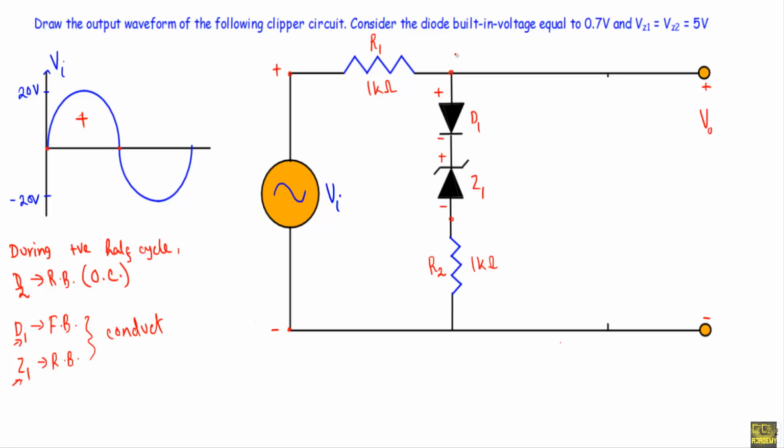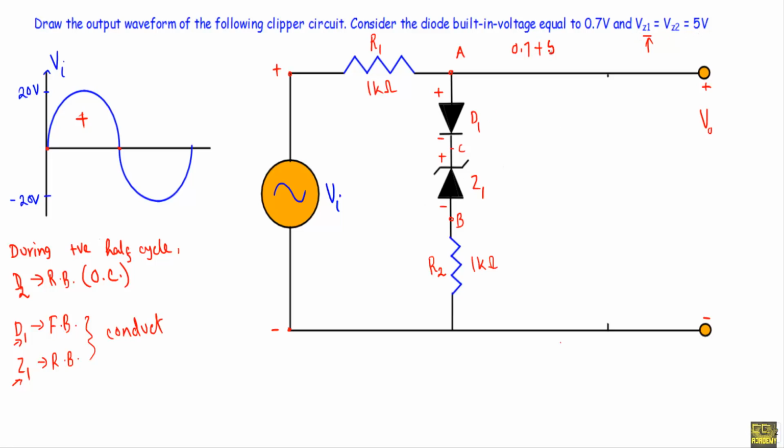See, if I denote this terminal as A, this terminal as C and this terminal as B. To put the diode D1 in forward bias, we will need a voltage equal to 0.7 volt at least. And to put the Zener diode Z1 in Zener breakdown region, we will need a voltage at least equal to Zener voltage VZ1, which is equal to 5 volt.